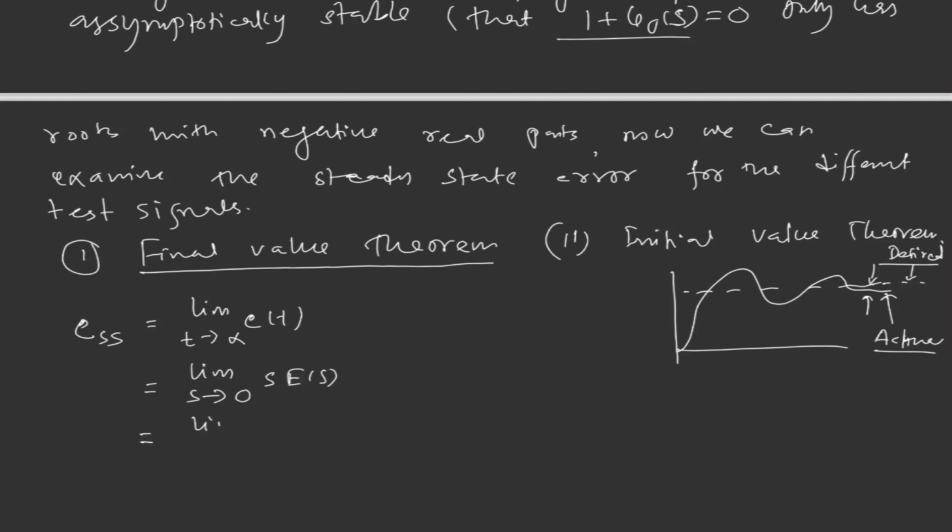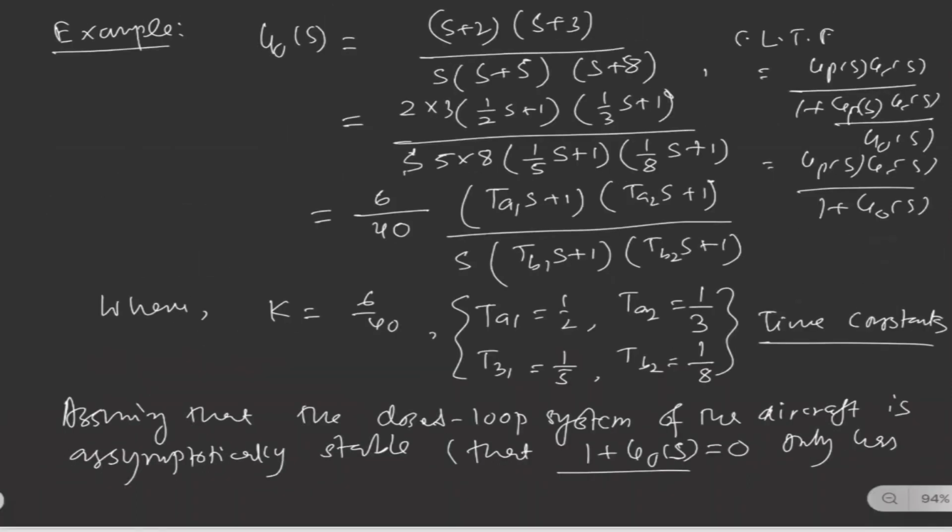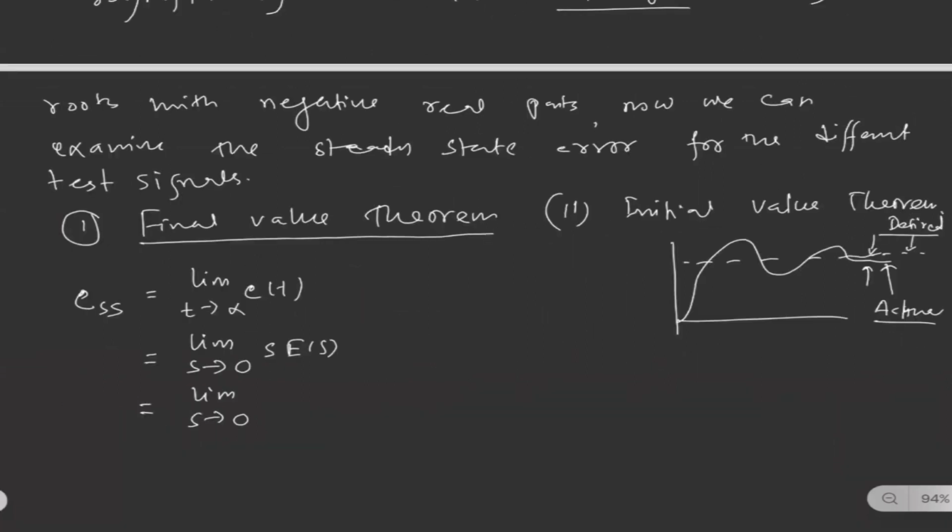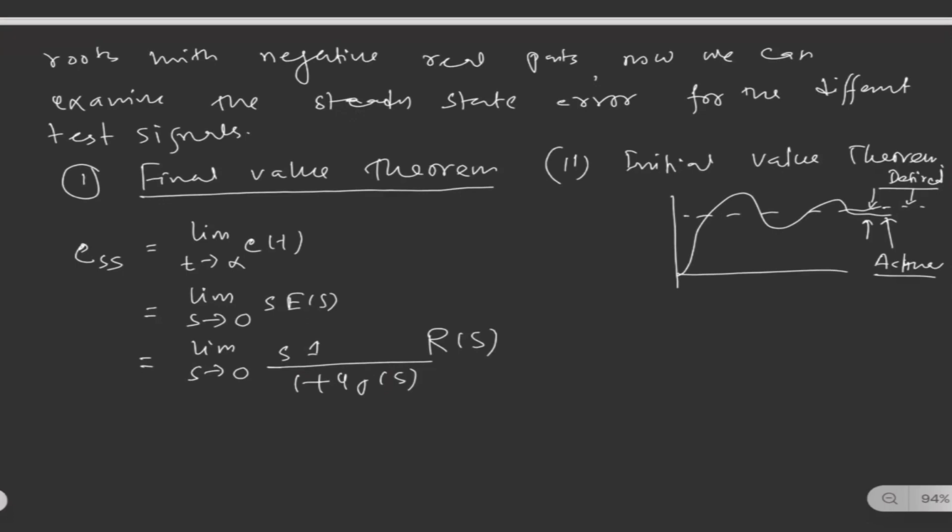Further, you can write limit S tends to 0, S times E of S. What is the expression for E of S? We already had it in the last lecture: 1 upon 1 plus G naught S, into R of S. So now, for different test signals, how can we find the steady state error in the system?